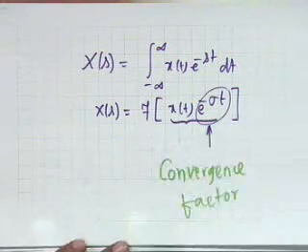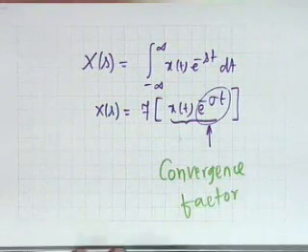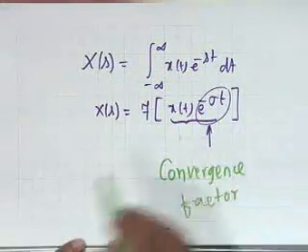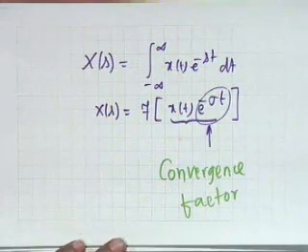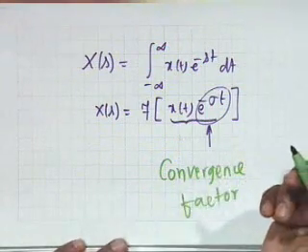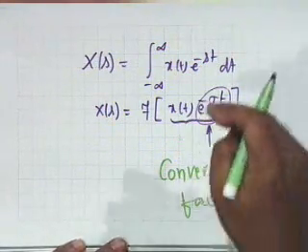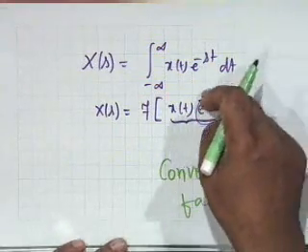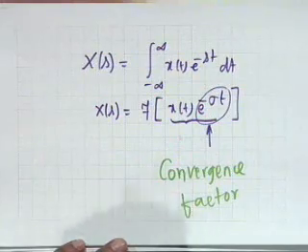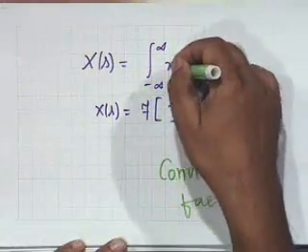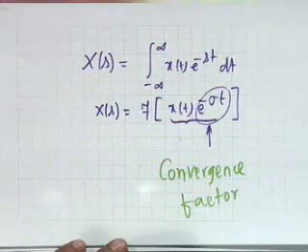E to the minus sigma t is a convergence factor. Now, naturally, the convergence shall depend on the value of sigma. It may be such that if sigma is positive, definitely there is a possibility of convergence. As t tends to infinity, it goes to 0. Not necessarily though, because t also can go to minus infinity, the lower limit.